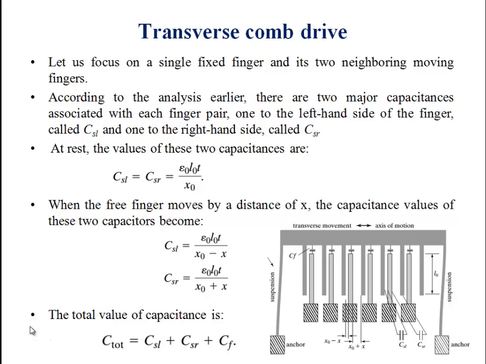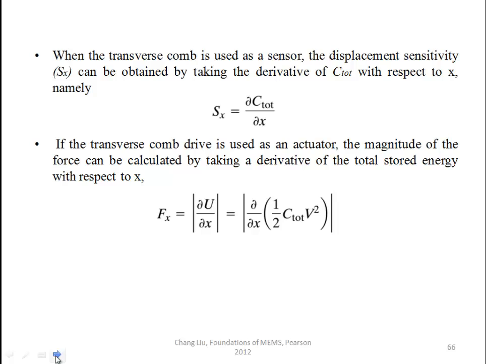Now we can use this arrangement as a sensor as well as an actuator. If we are using this transverse comb drive as a sensor, then there arises a term called displacement sensitivity, and it can be calculated by taking the derivative of capacitance with respect to x. So the displacement sensitivity Sx is equal to dou C total by dou x.